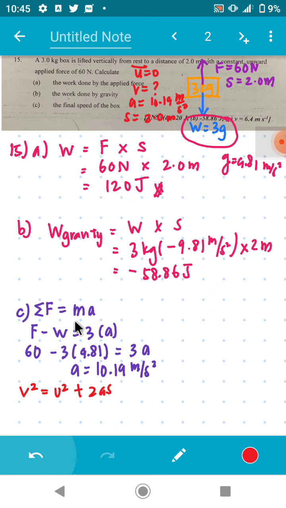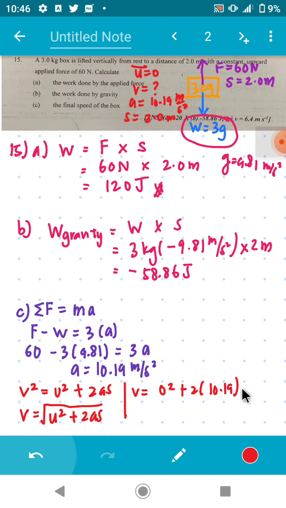So we substitute the values. v equals the square root of u square plus 2as, which is the square root of 0 square plus 2 times 10.19 times 2. v is approximately 6.38 meter per second. Right, so yeah, that's all.